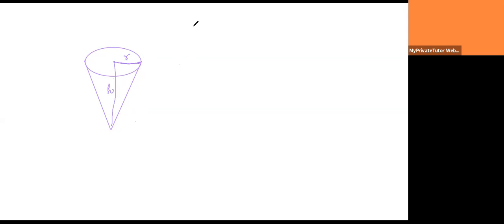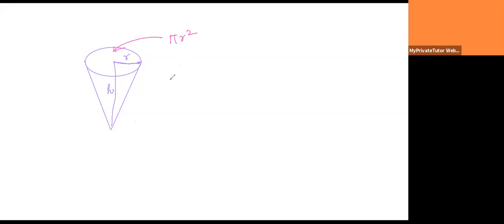What is the formula of area? How do you find the surface area of this cone? First, the area of this portion, which is a circle: pi r square. That's the area of a circle.